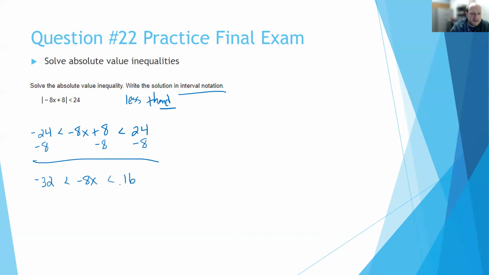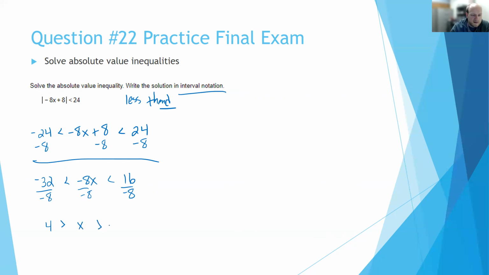Is less than 16. Now, what would you do if you had negative 8x less than 16? You would divide by negative 8, but remember to divide by negative 8 over here as well. Now, the trick is, what happens when you divide by a negative? We have to switch the sign. So this is 4, but then this sign flips to greater than.